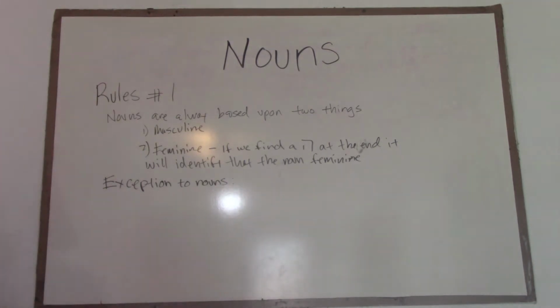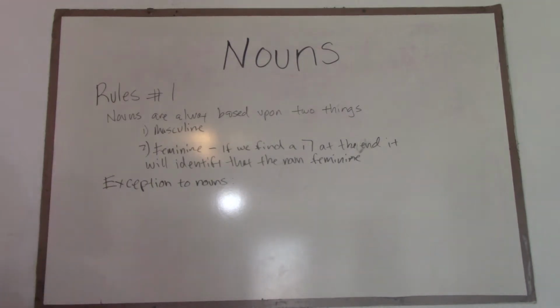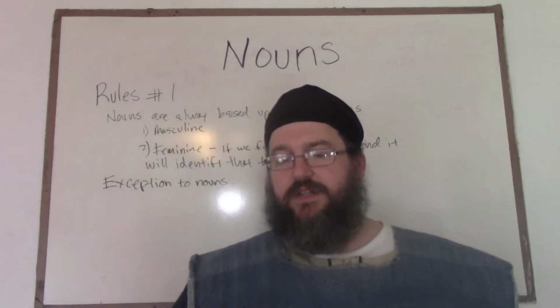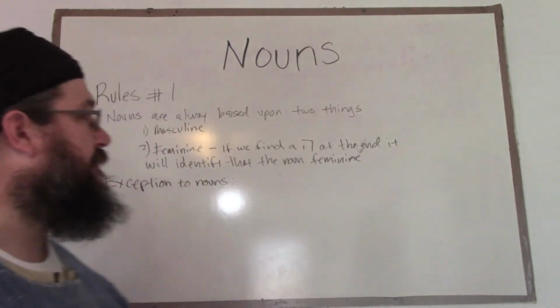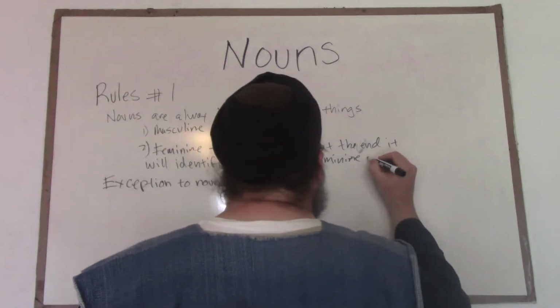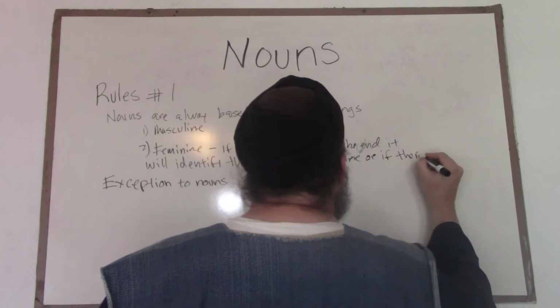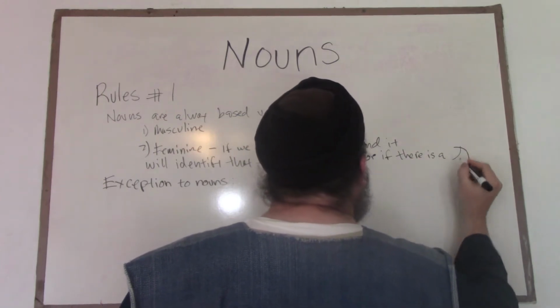We have to understand rule number one: nouns are always based upon two things. Nouns are either masculine or feminine. If they're masculine, that means it doesn't have anything to do with the feminine rule. If a hey is at the end of it, it will identify the noun as feminine, or, as we're going to continue on to the next part, if there is a tav.